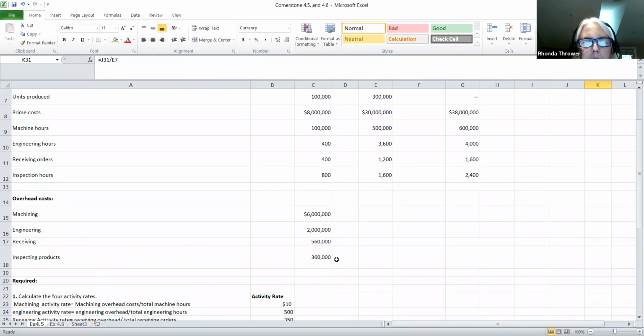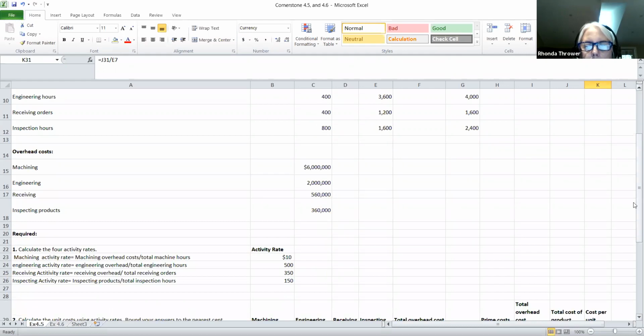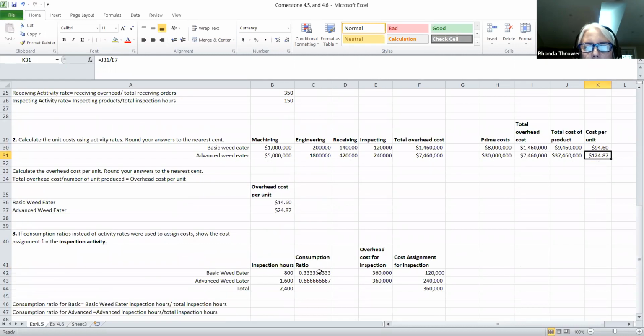The overhead cost total is going to be divided by the total inspection hours to get this consumption ratio. But now, again, they wanted you to do this based on the two products themselves. So we need to know the number of inspection hours, which comes from C12.